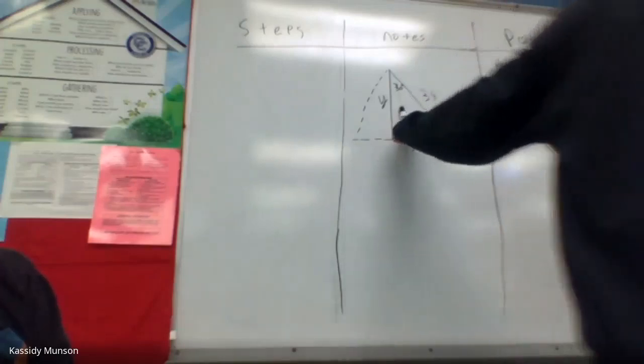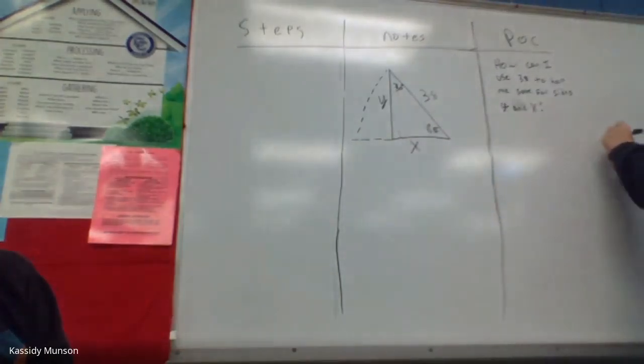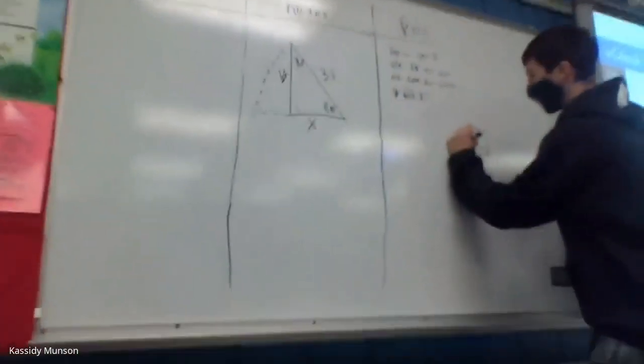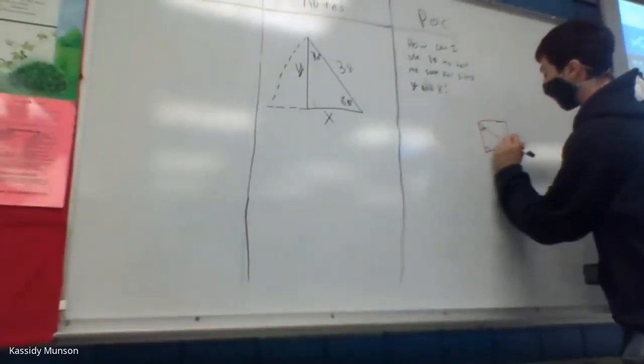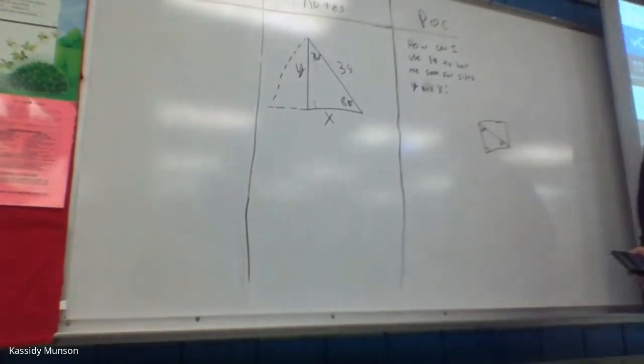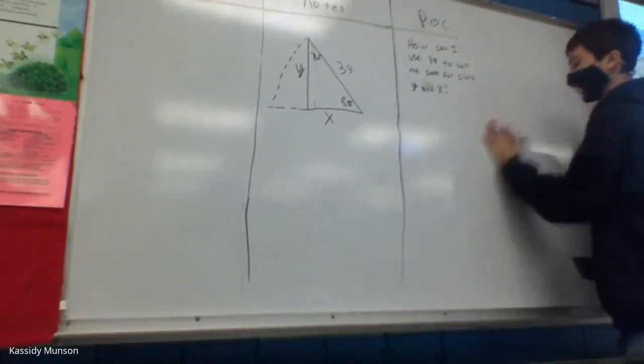Because you got 30, 60, 90 triangles, and you got 45 degree triangle, 45, 45, 90. That degree is really hard to see from all the way over there. Okay. Here.